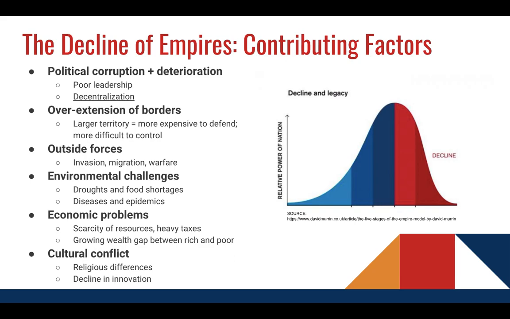There might be religious differences or declines in innovation and technology, which weaken an empire and make it susceptible to decline. I also want to point out that not all of these things occur in every empire that falls. Oftentimes you might see combinations of these things or one that outweighs the others. So keep that in mind as you continue your study of empires.